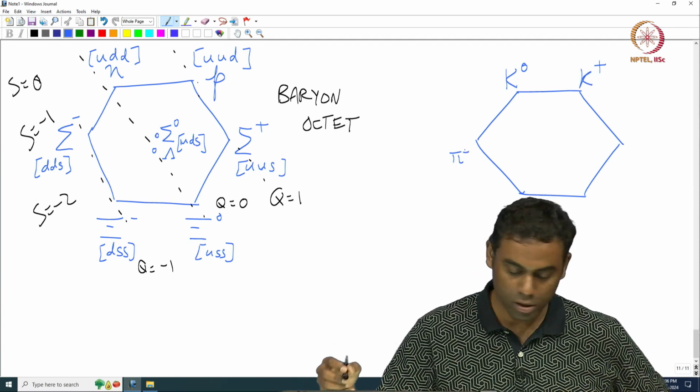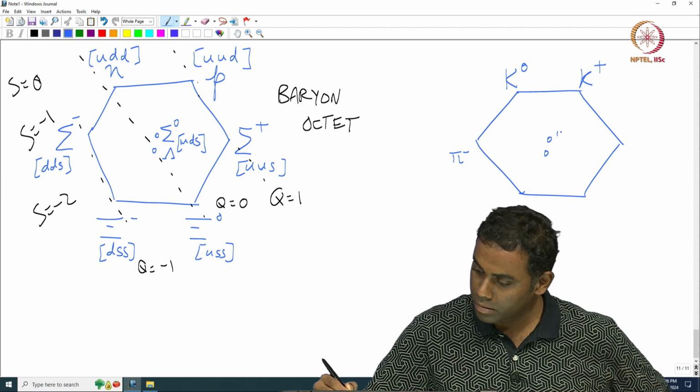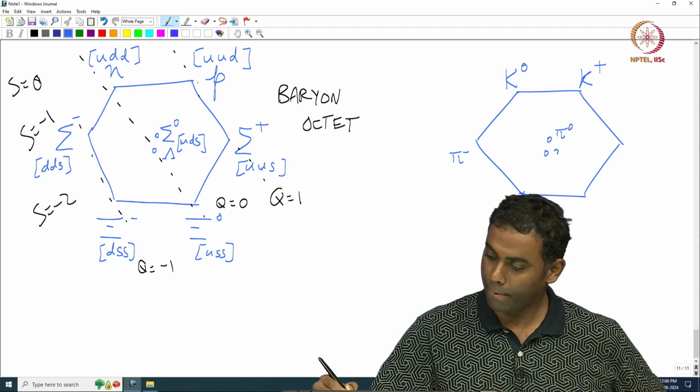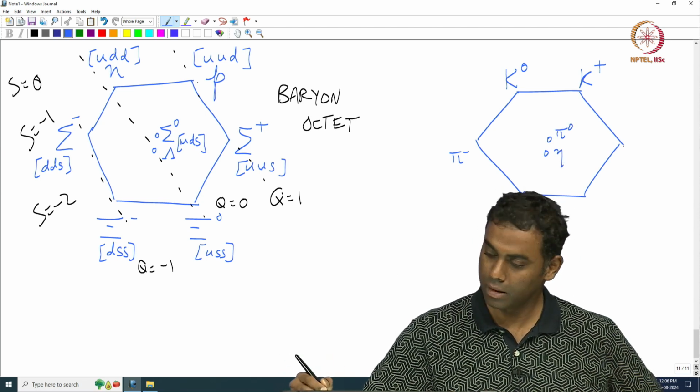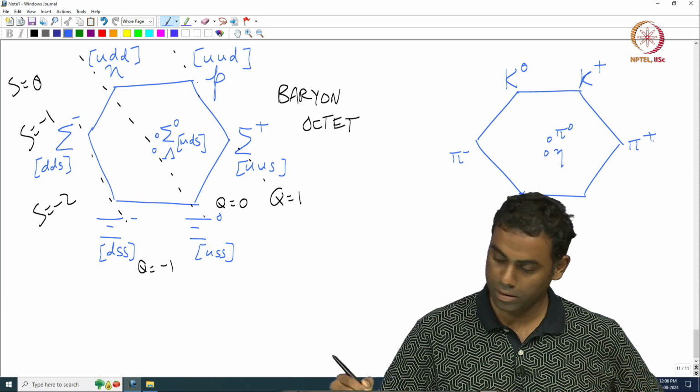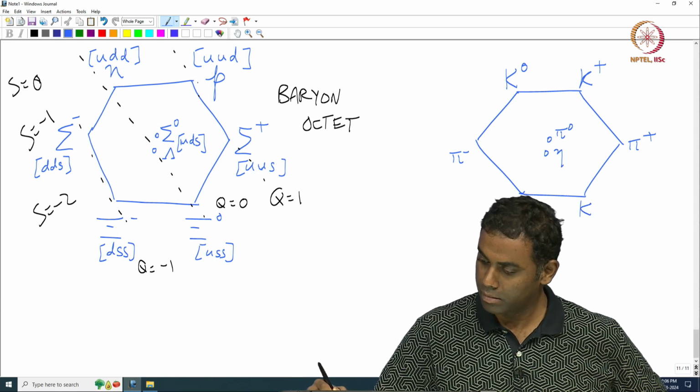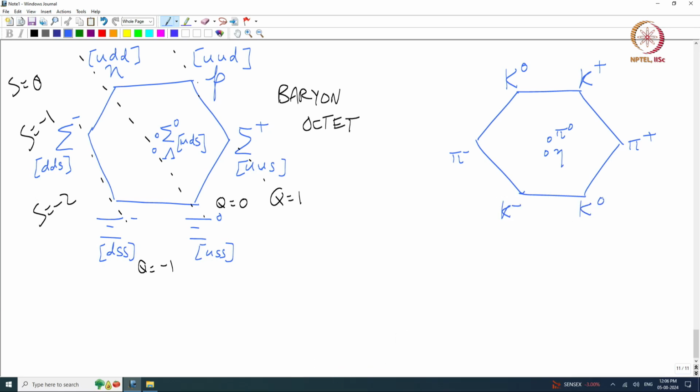So, if these are baryons, what are these that I am writing down? Mesons, yeah, these are just mesons, good. And this has a very particular notation, it is a K bar actually, K bar 0. This is the meson octet.